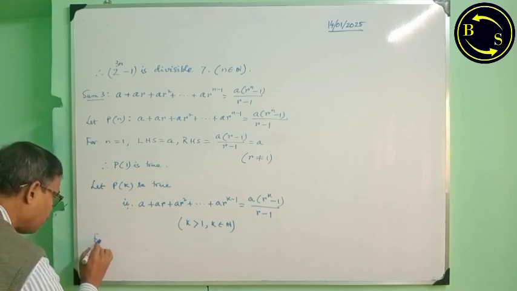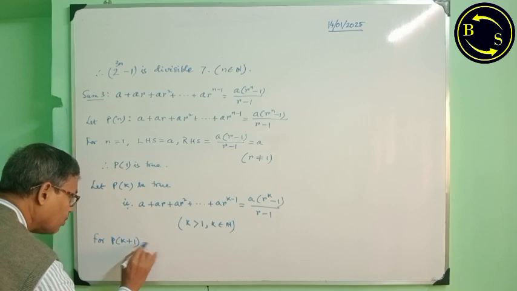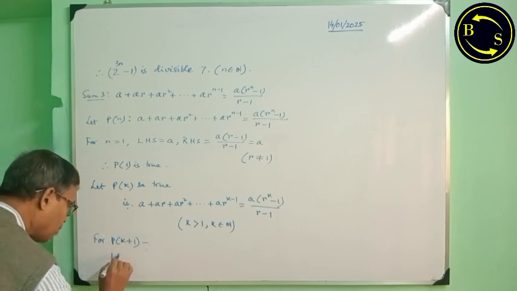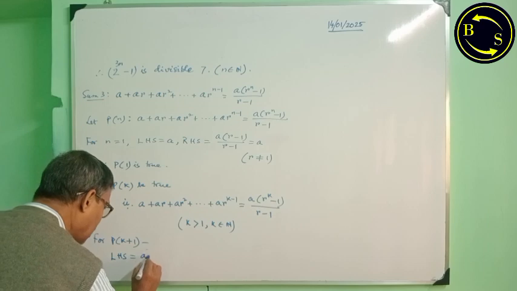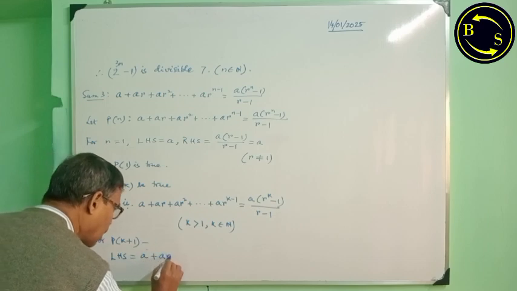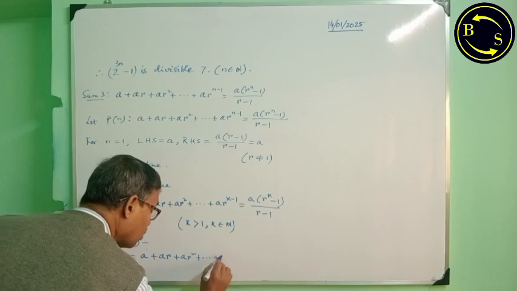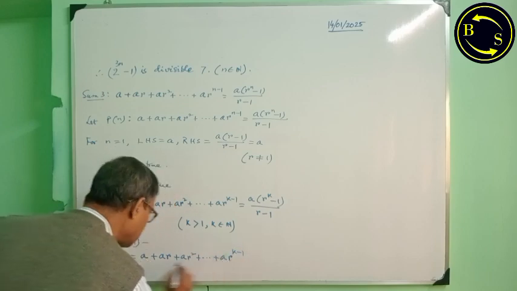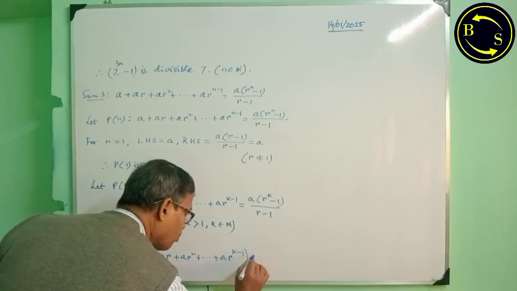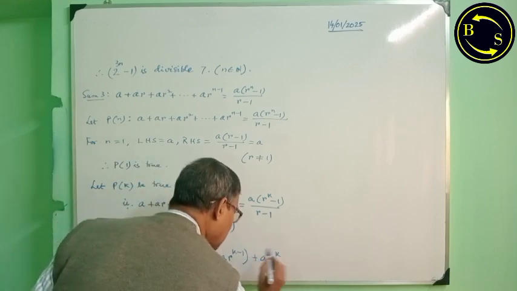For Pk plus 1, left hand side will be A plus AR plus AR square plus AR to the power k minus 1 plus AR to the power k.